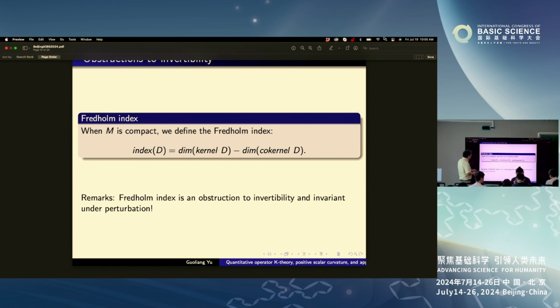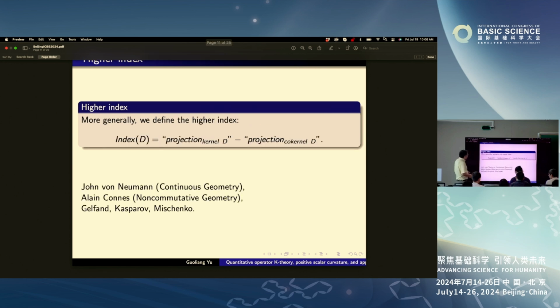But in general, the problem we are going to address is only interesting when the manifold is non-compact. If you are studying a compact manifold, like a spherical manifold, you would have to look at its universal cover. So the real invariant we need is the so-called higher index.